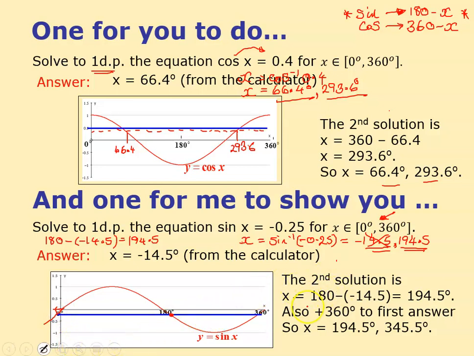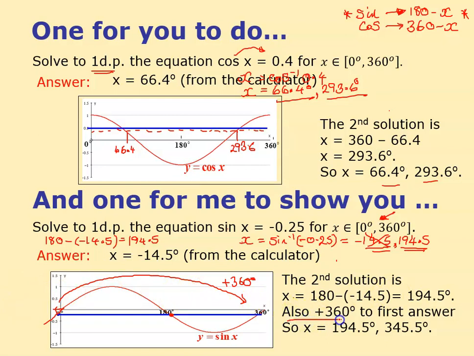What we have to do is recognize that from here to here, we can always just add on 360 degrees and it will give me more answers. If I add another 360 on to any answer that I get, I'll get another answer. And actually I could take 360 off and go the other way as well. So that's what this is all about.